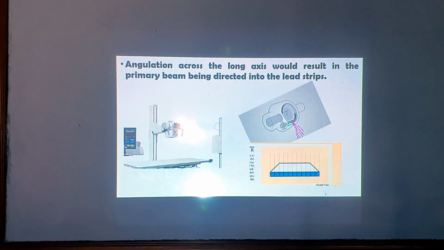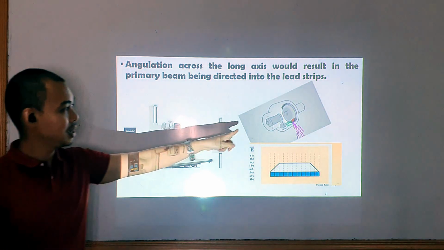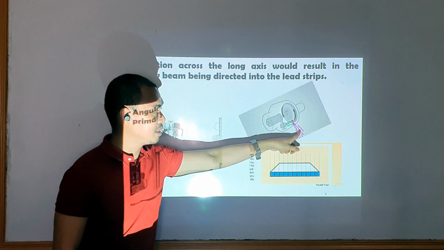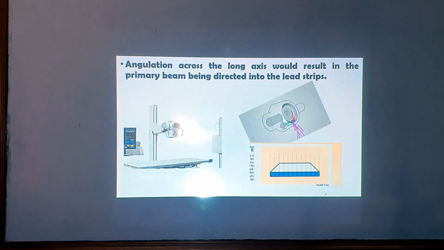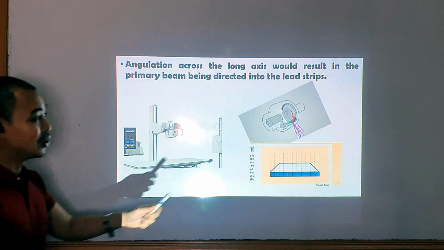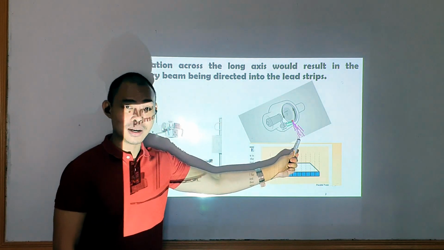But can you see this one? See? If you're going to angulate, this one also changes. But angulation, guys, across the long axis of the table would also result in the primary beam being directed into your lead strips. Try to look at this one.